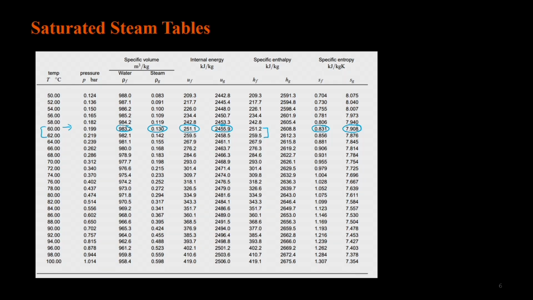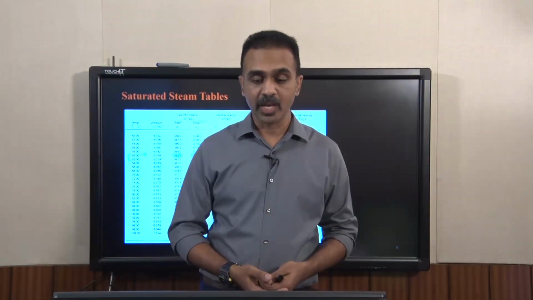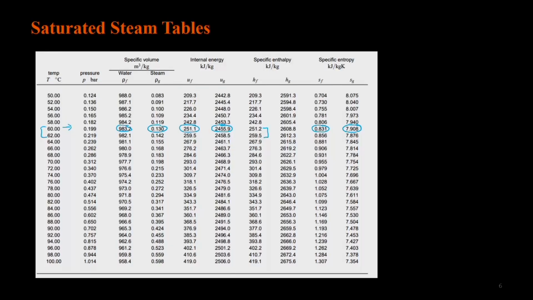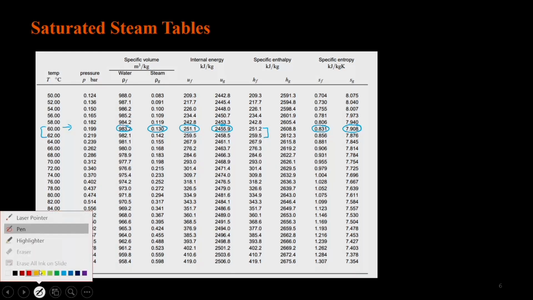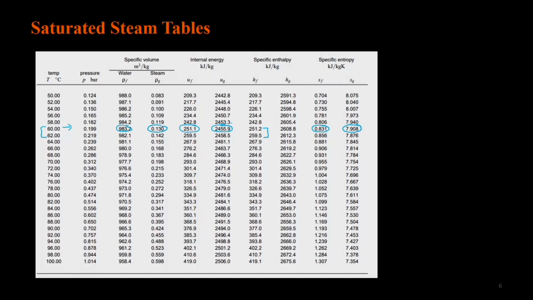So for example, if I say that I have saturated steam with an internal energy of the vapor phase being 2455.9, which corresponds to this quantity here, then there is only one condition at which that happens. The corresponding temperature is going to be 60 degrees centigrade. The pressure at this condition is going to be 0.199 bar, which also means that the vapor pressure at 60 is 0.199 bar. The densities of the liquid and vapor phases are given.